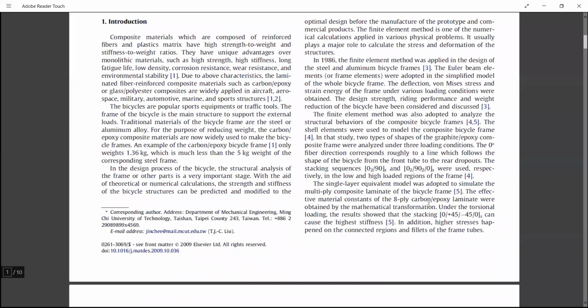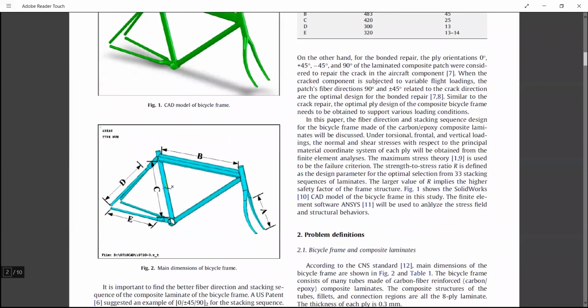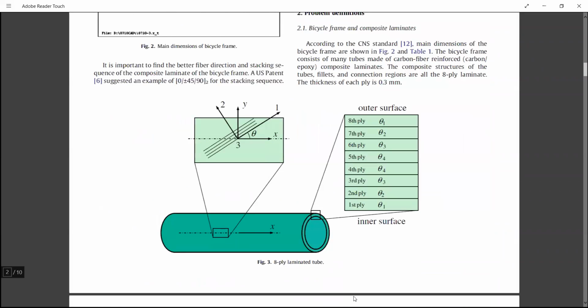So what they have done here, if you look at the diagram over here, you see how many plies are there? 8 plies are there. Okay, so this is a tube, the frame tube. 8 ply laminated tube, meaning what?